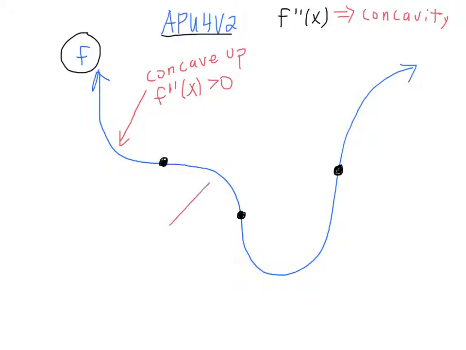Now this region right in here where it's bent downward, we say that is concave down. And if it's concave down, the second derivative is negative or less than 0. So let's back up for a moment and look at this special point where the concavity changed.